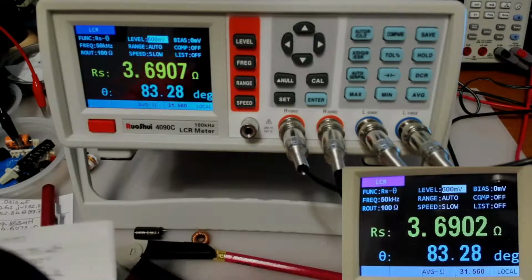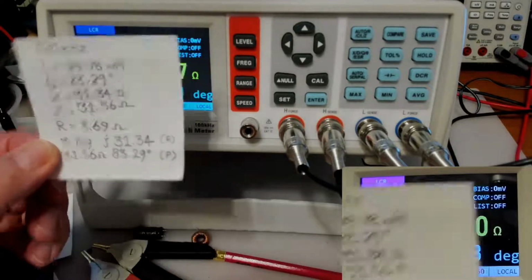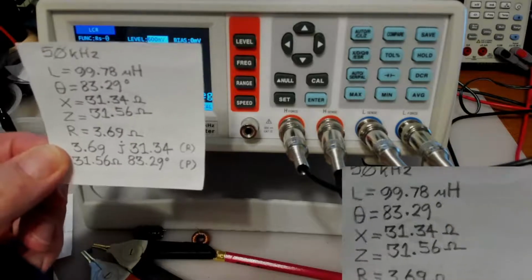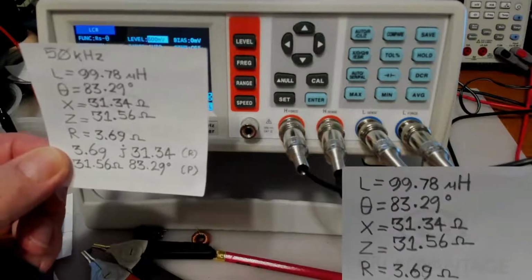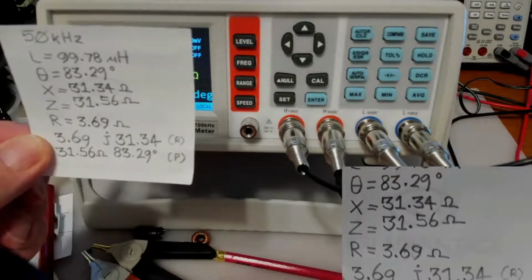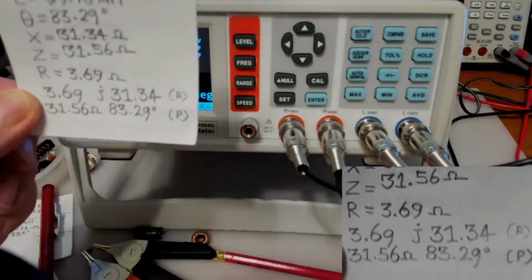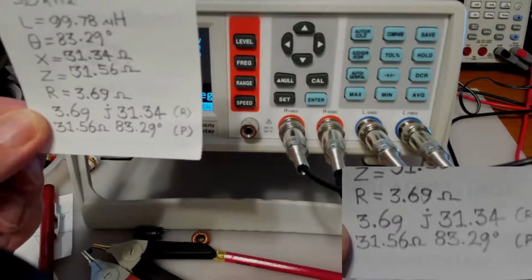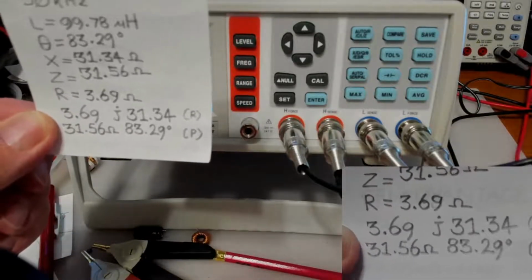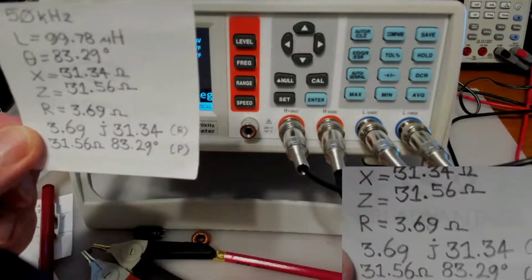Okay, so at 50 kilohertz you can tell that it is very close to 83.29 degrees, very close to 90 degrees. It's 6.7 degrees lower or something, so there is some resistive component in there, which is actually the 3.69 ohms.